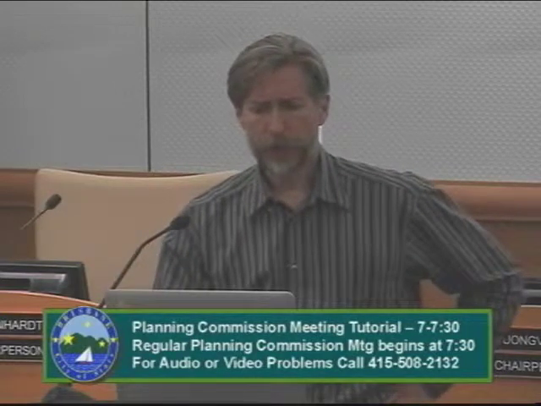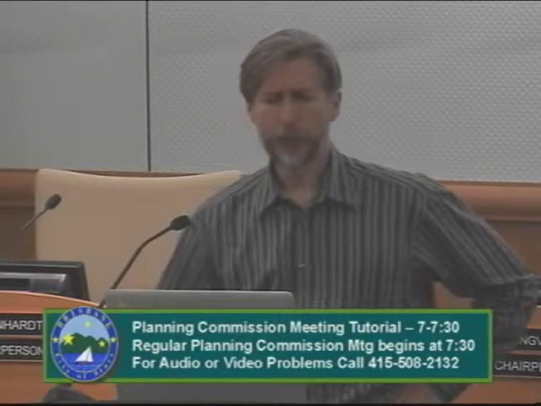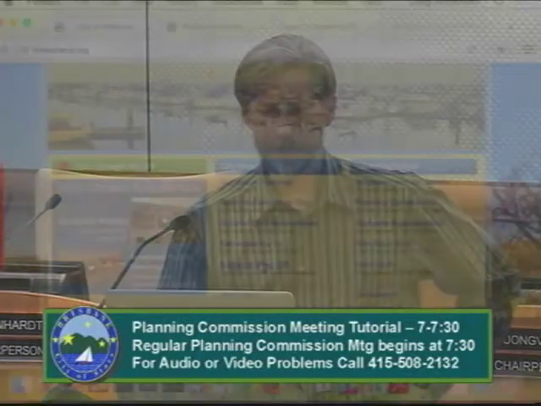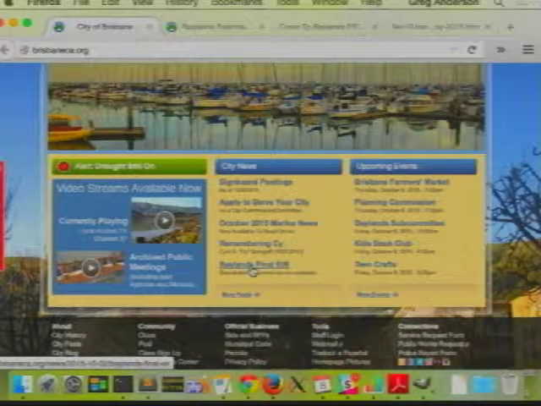So the first thing I want to describe is where you can find these. If you go to the Brisbane City website at brisbaneca.org, you can see right on the front page under City News, the last visible item currently reads Brisbane Final EIR.